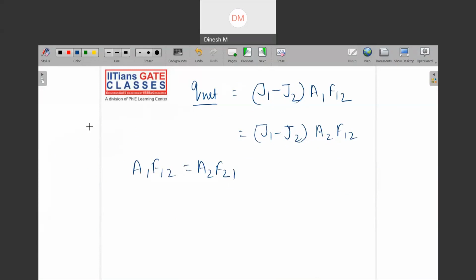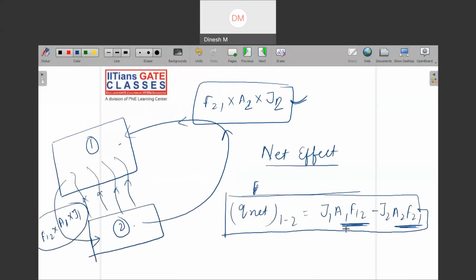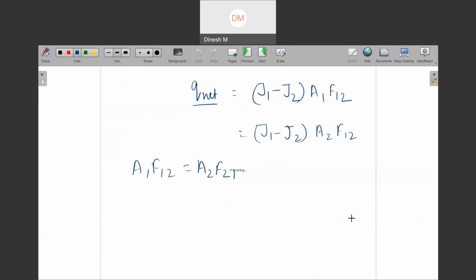You can see from this slide that here I have A1 F12, here I have A2 F21, and I know from the reciprocity theorem that A1 F12 is equal to A2 F21. Then I can write Q net is equal to (J1 minus J2) into A1 F12.